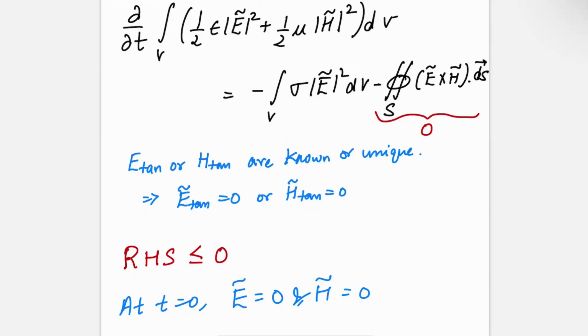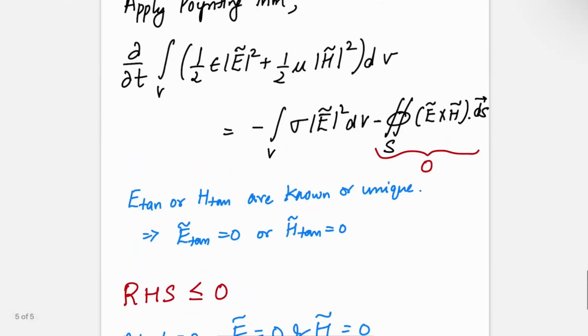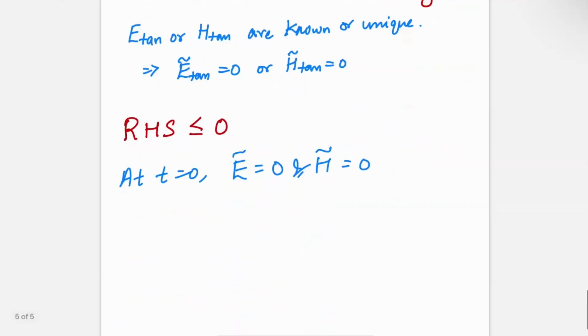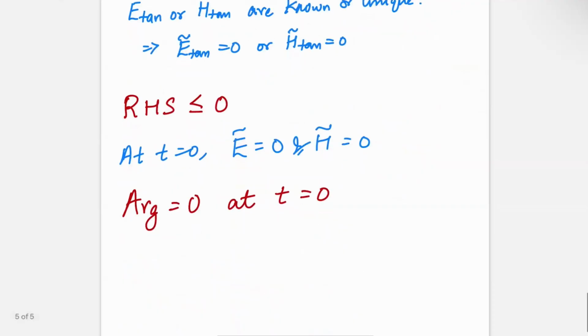E tilde is the difference between them, so they are zeros. So at t equal to 0, this quantity was 0. Let me label this: I'll call this the argument, the argument of the integral on the left-hand side. So we have another condition, which is that the argument is 0 at t equal to 0.